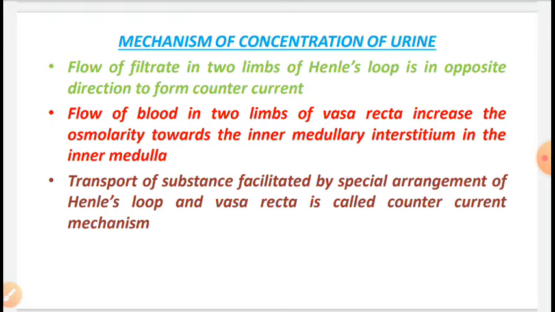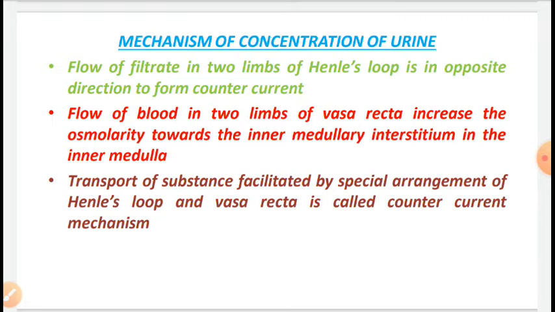It is actually one type of concentration of filtrate or urine. So water is not discarded as a waste material from the human kidney, and the human kidney can produce urine nearly 4 times concentrated than the initial filtrate.